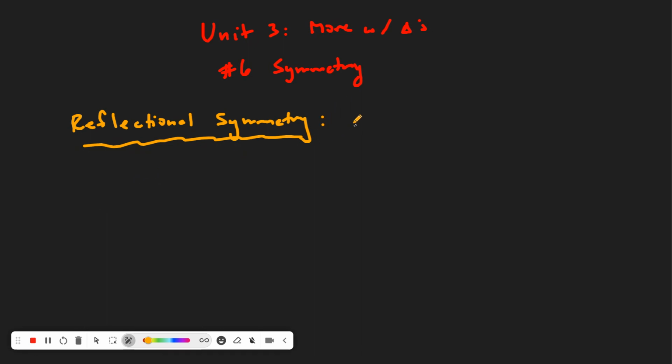What we're doing here is taking a look to see if we have a reflection that maps a figure onto itself.